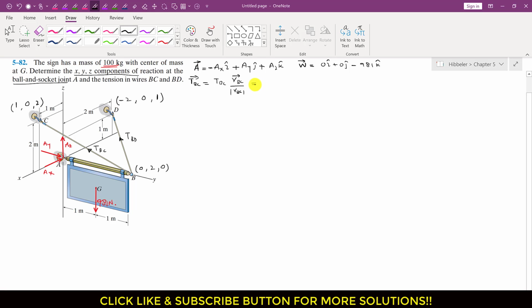So we can write the TBC vector. I can write this as TBC and the RBC vector, right? To find RBC, we need to subtract the coordinates of B from C, right?